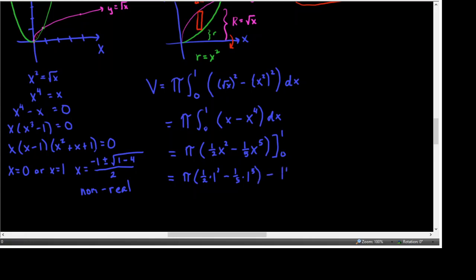Minus, now substitute into that formula 0 for each x. And as it turns out, the back end of this is 0. So it just kind of disappears, but I wanted to show you that so that you get an idea of how that works. And so this ends up being 3 pi over 10 when you do the arithmetic.